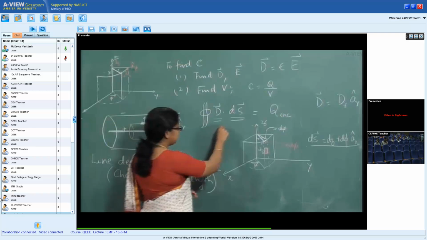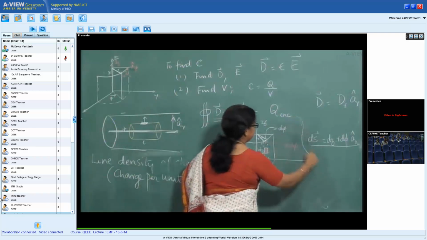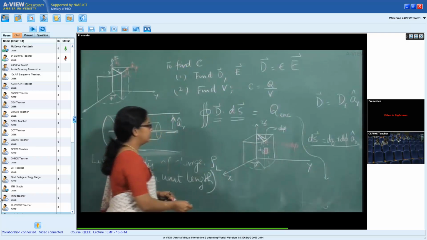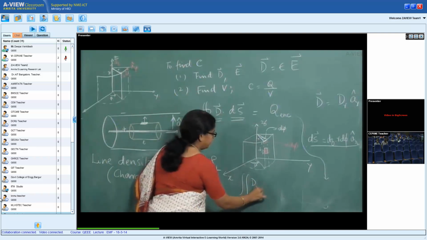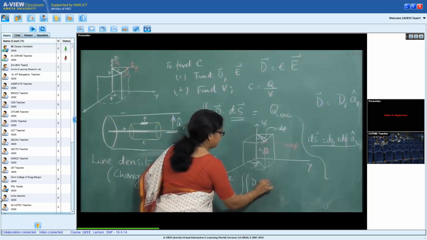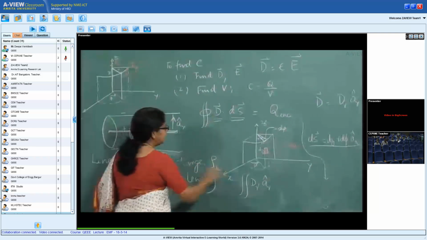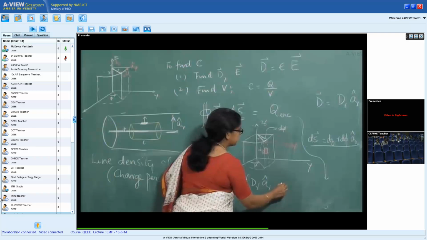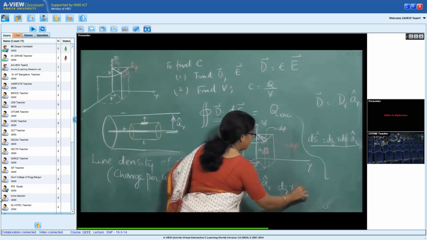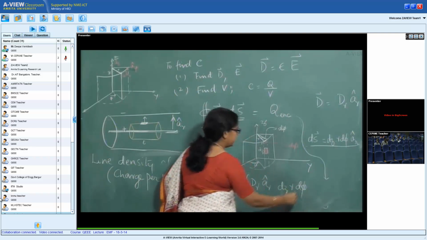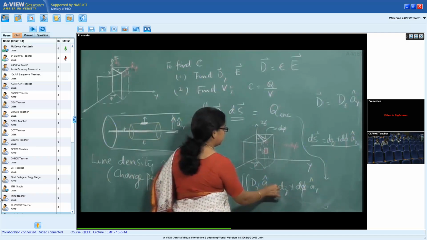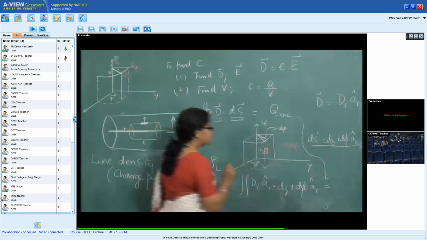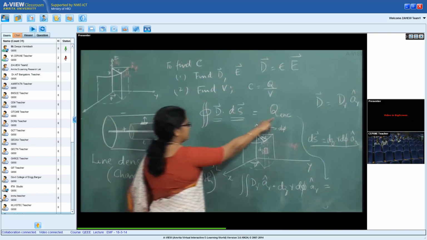So if I rewrite this, that would turn out to be the double integral of Dr AR, which is my D, dotted with ds, which is dz r d phi AR, equal to the charge enclosed.